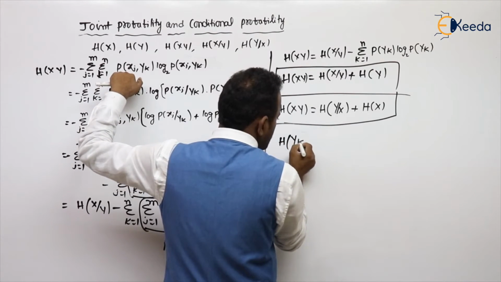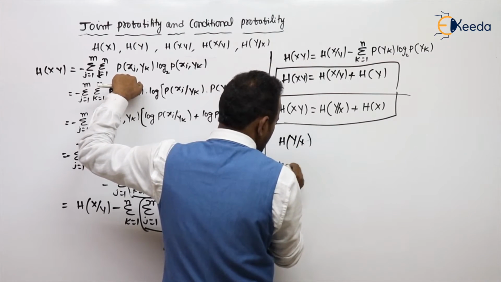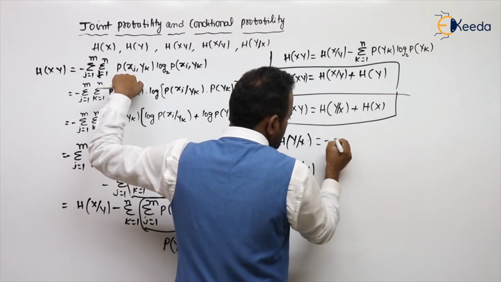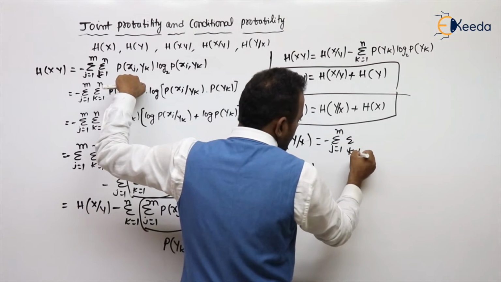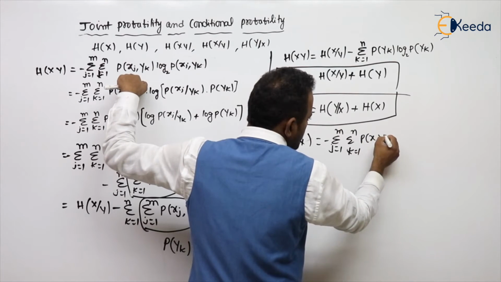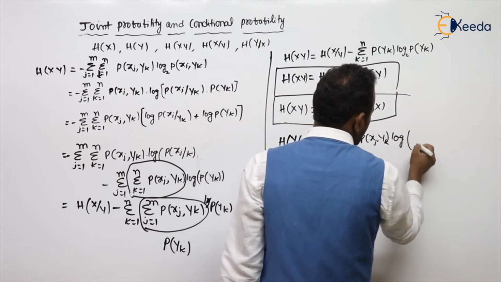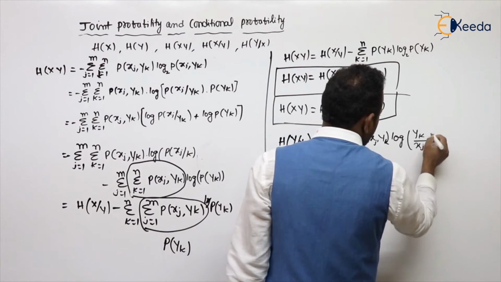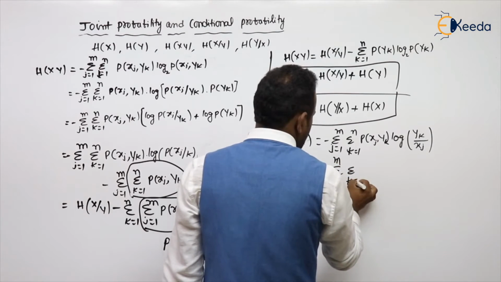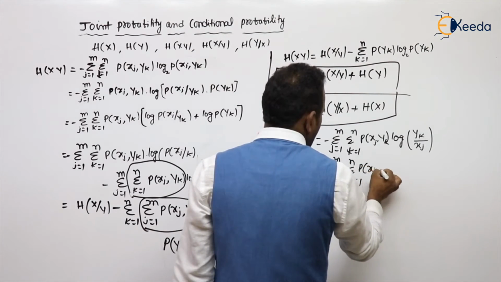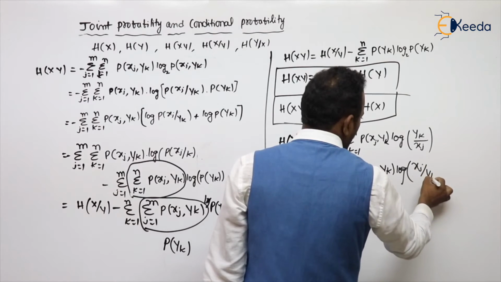For both, H of y by x as well as H of x by y: minus summation j equal to 1 to m, summation k equal to 1 to n, p of xj comma yk into log of yk by xj, since y is the numerator. And for the other, minus summation j equal to 1 to m, summation k equal to 1 to n, p of xj comma yk into log of xj by yk.